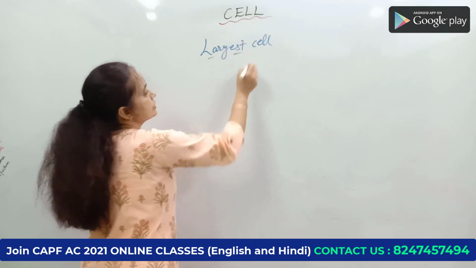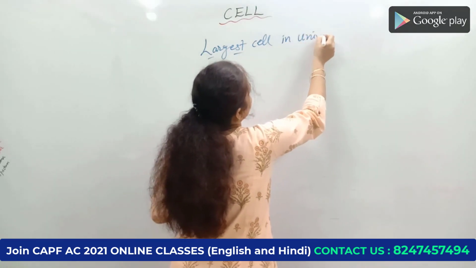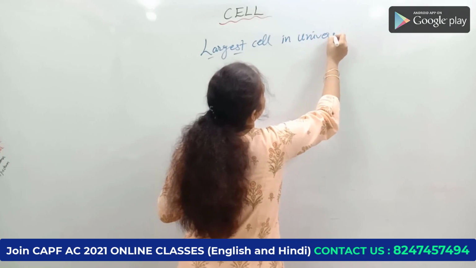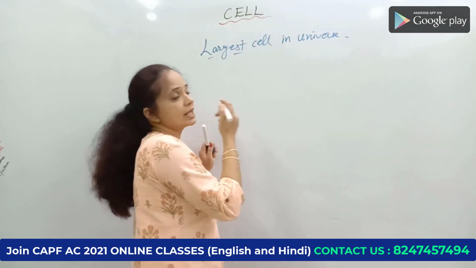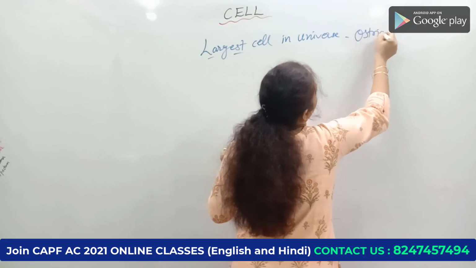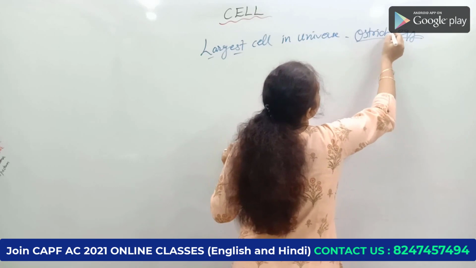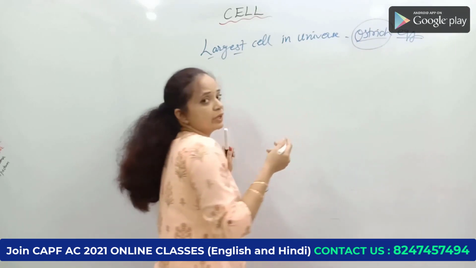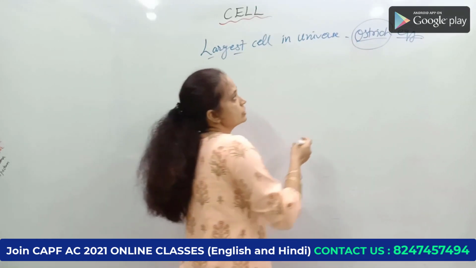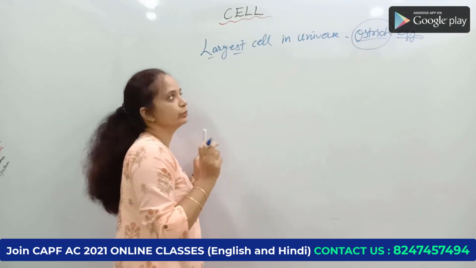Many times this question was asked. The largest cell is the ostrich egg. Ostrich is the largest bird, you might have heard, right? So the ostrich egg is the largest cell in the universe.